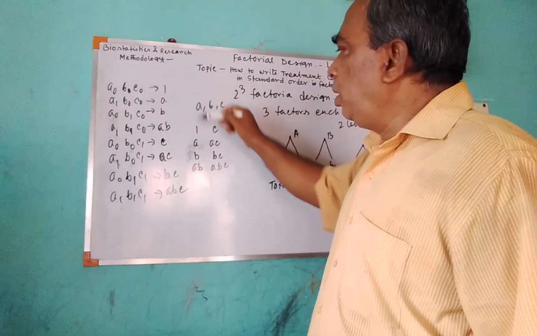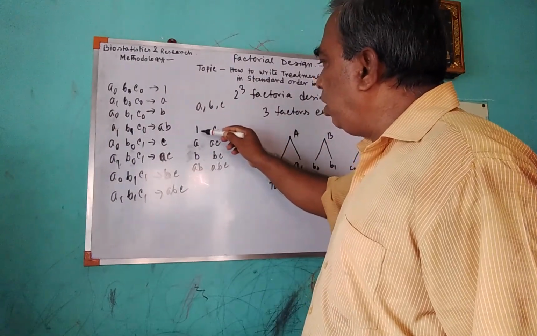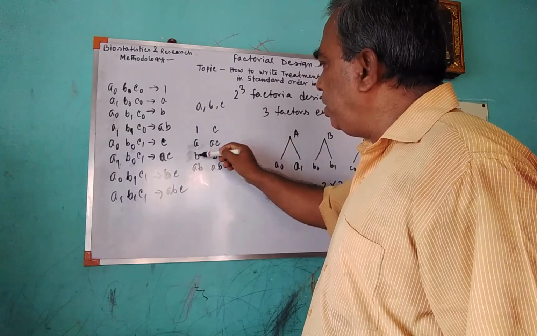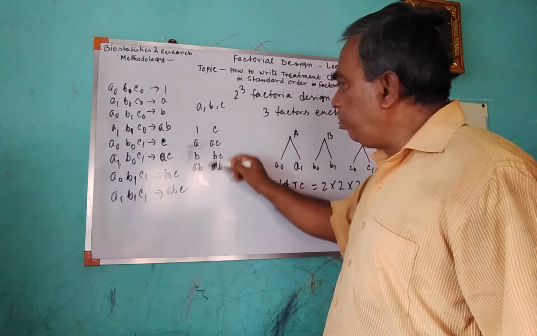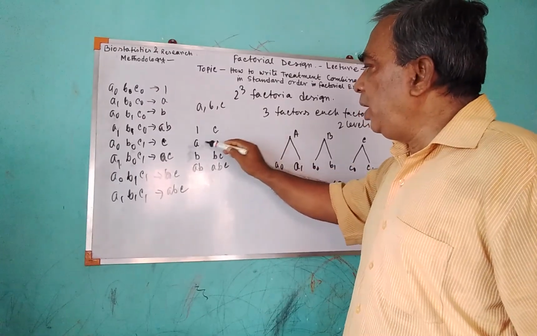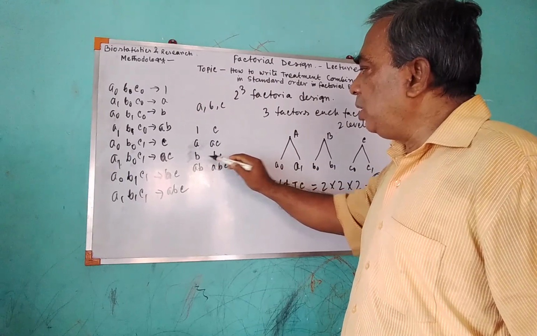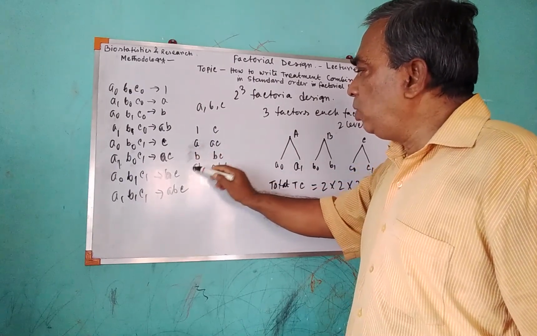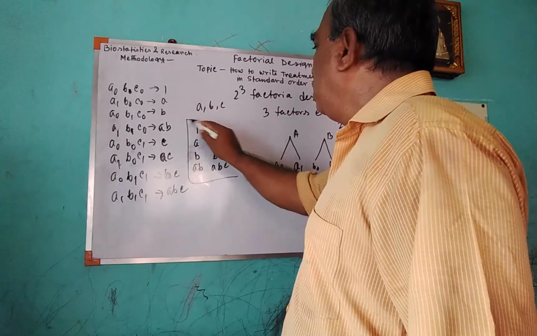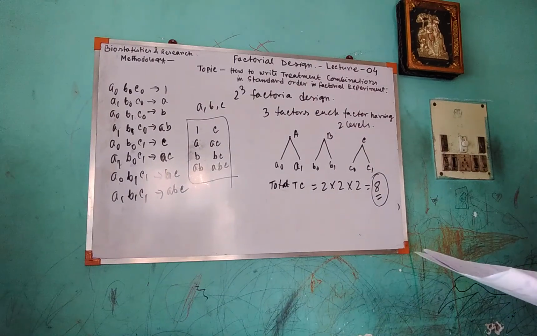You see 1, A. Then multiply these two by B, then AB. Now multiply this by C, C into AC, C into BC, then C into ABC. These are the 8 treatment combinations for 2^3 factorial design.